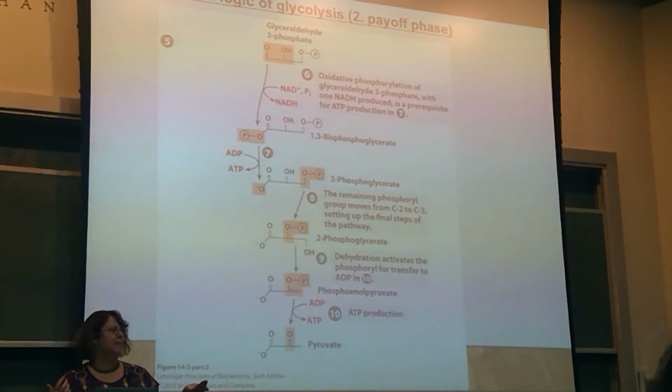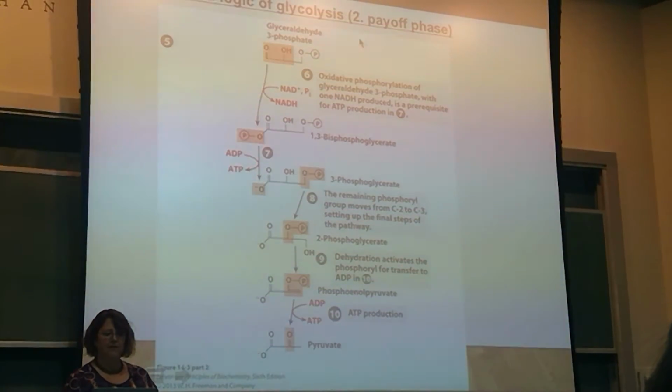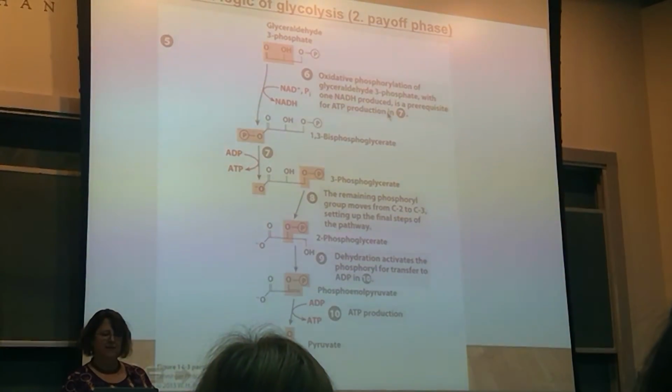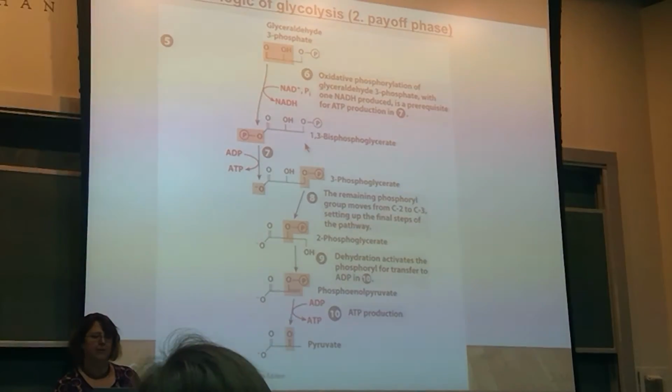Initially we put in ATP, but now this is where we make it. First you have the oxidative phosphorylation to make 1,3-bisphosphoglycerate, with phosphate groups at position 1 and position 3.